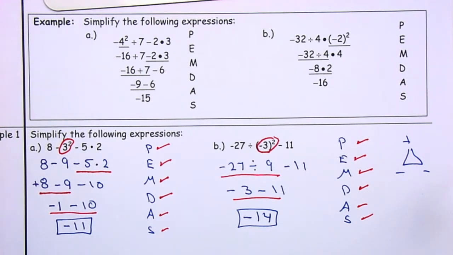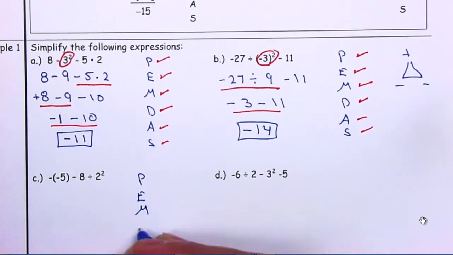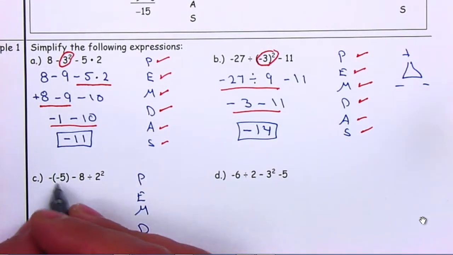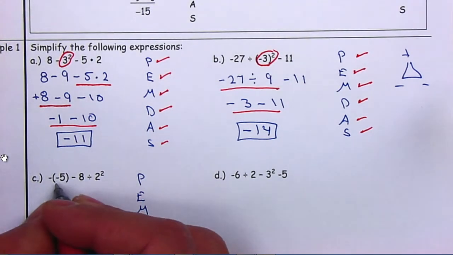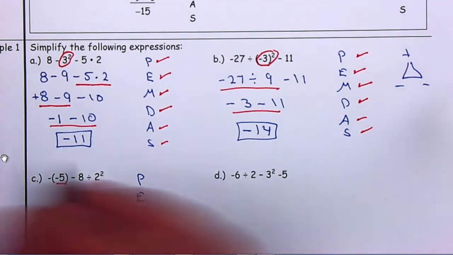Letter C. First, write down PEMDAS on the left-hand side. We are going to be simplifying the parentheses. If you notice, we do have parentheses, but in the parentheses, there's only one number inside, and nothing else we can do.